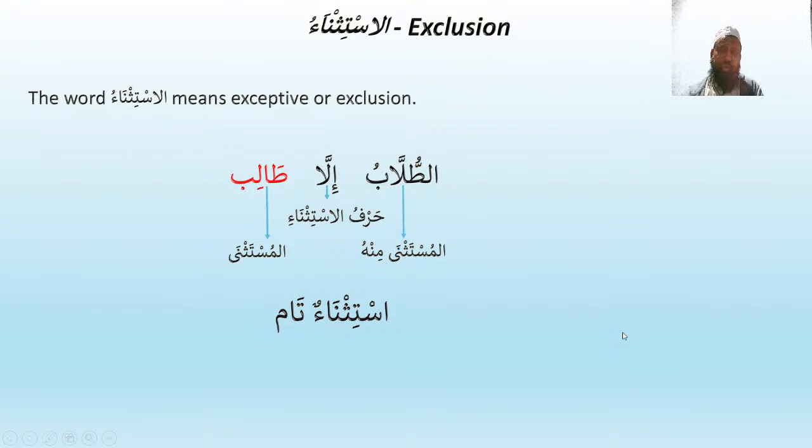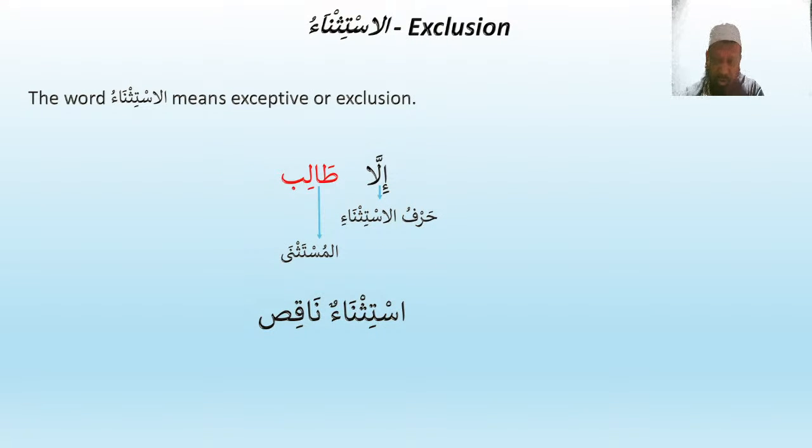Do the slideshow again. Okay, so all three are mentioned. المستثنى منه is mentioned. إلا حرف الاستثناء has to be there, and طالب مستثنى, it is called استثناء تام. And when only two of them are mentioned, حرف الاستثناء and المستثنى, this is استثناء ناقص.